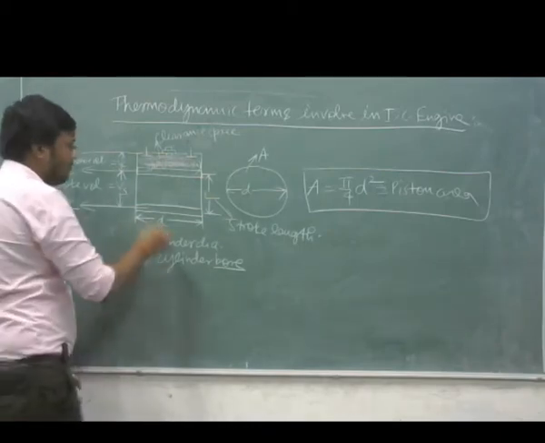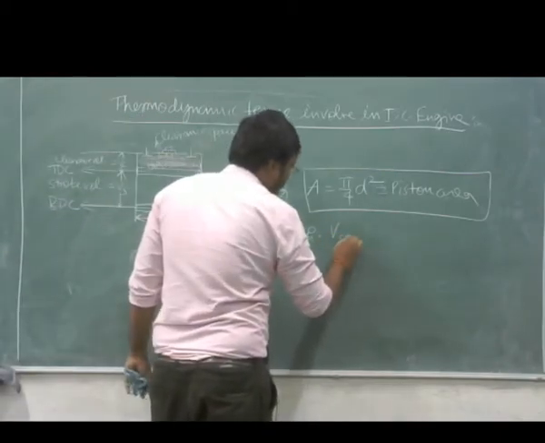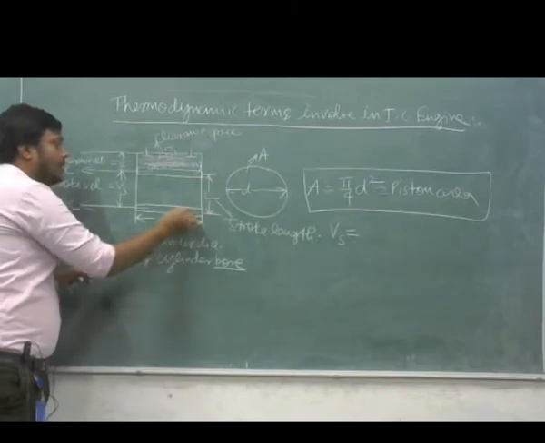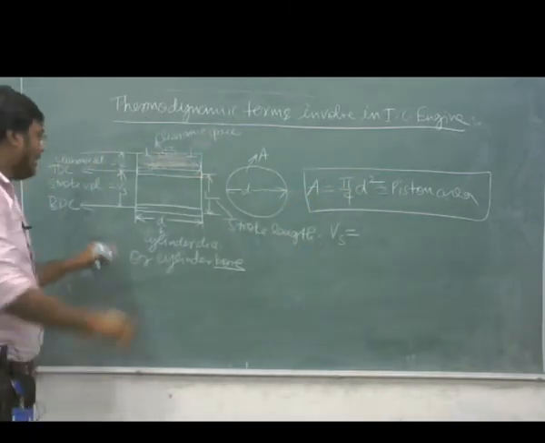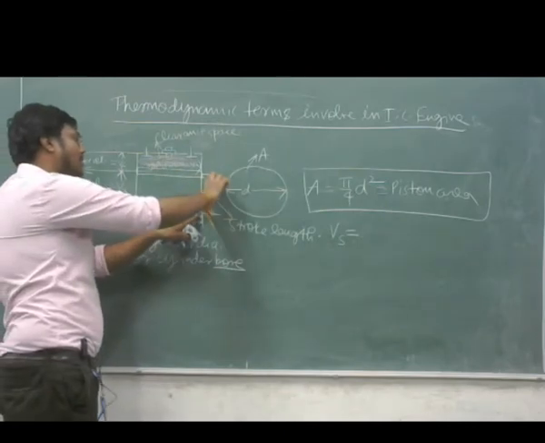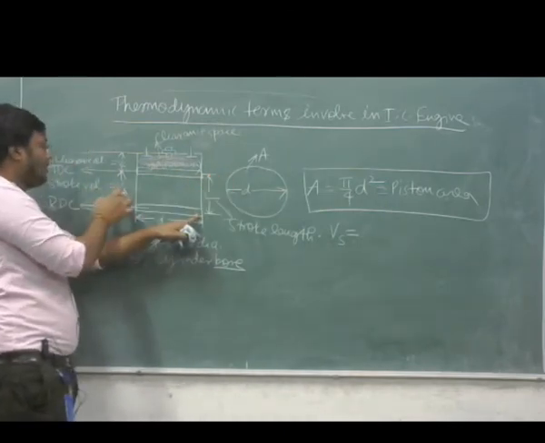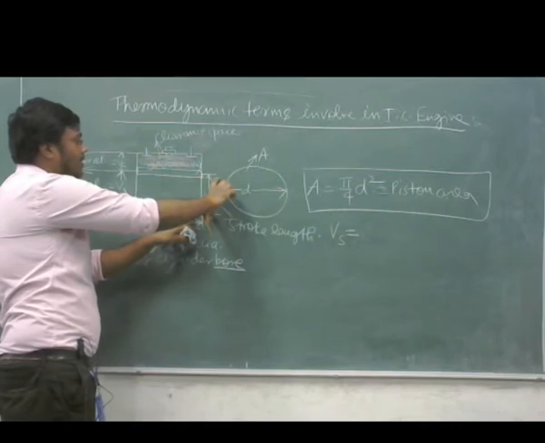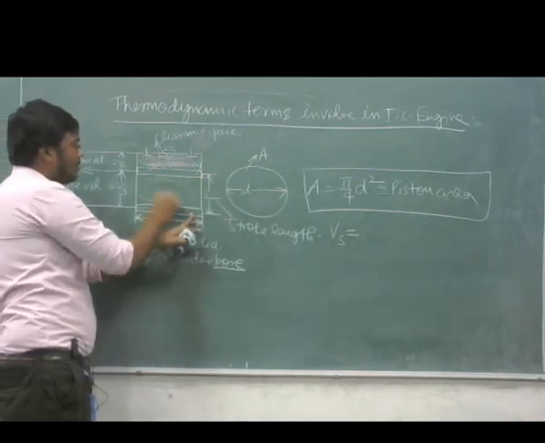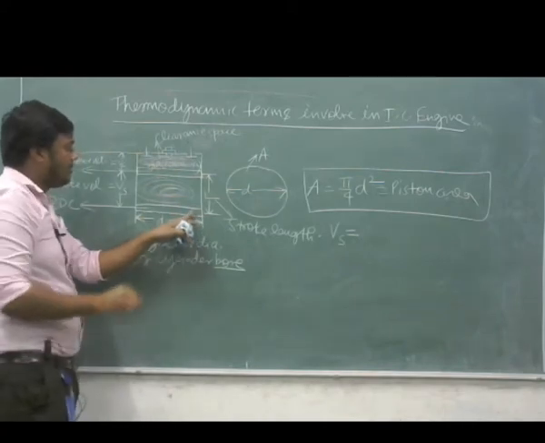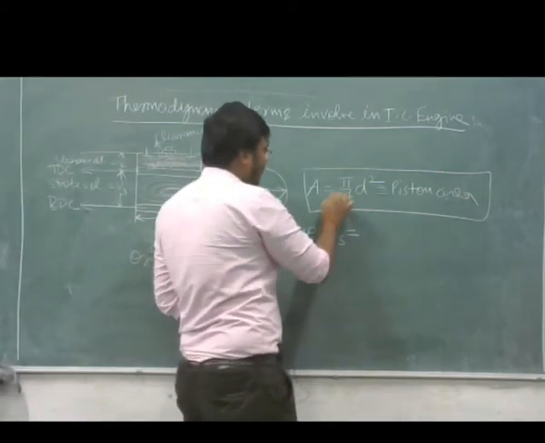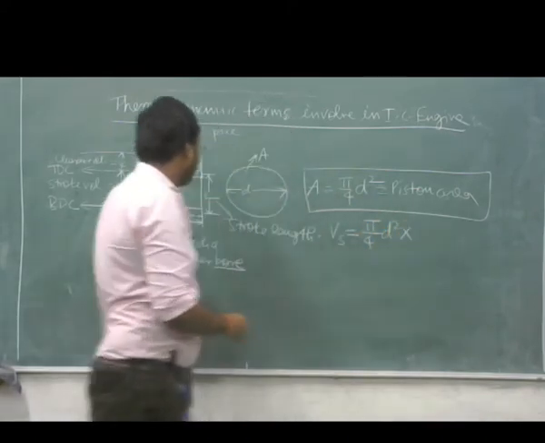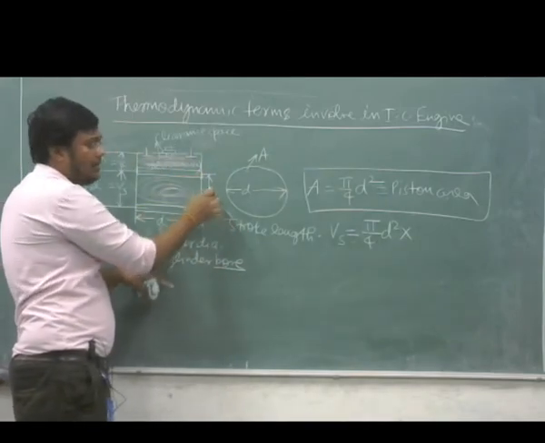Vs is equal to the area of the piston, which is pi by 4 d square, multiplied by the stroke length, since this much distance is traveled by the piston during the suction stroke.